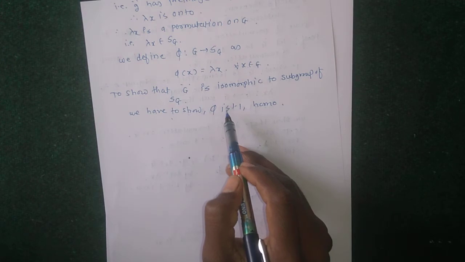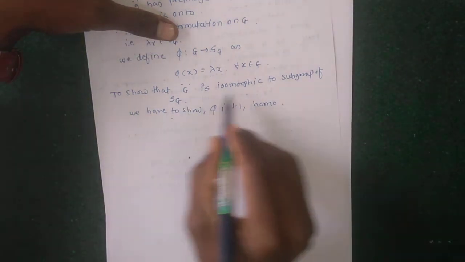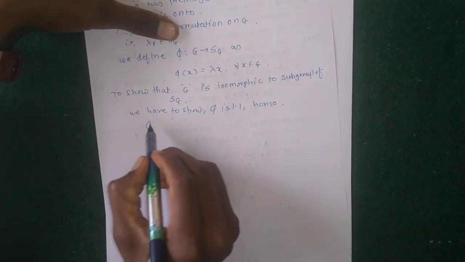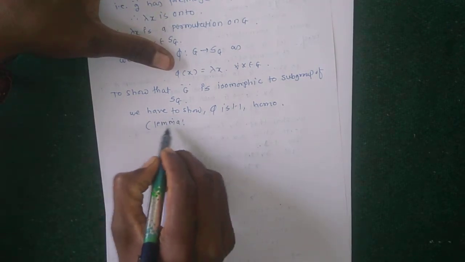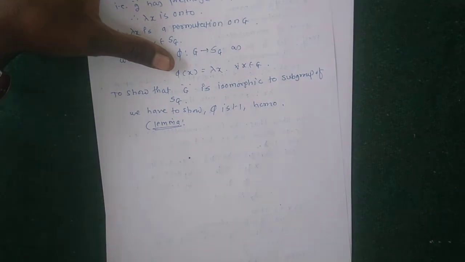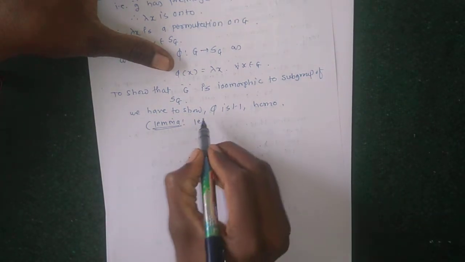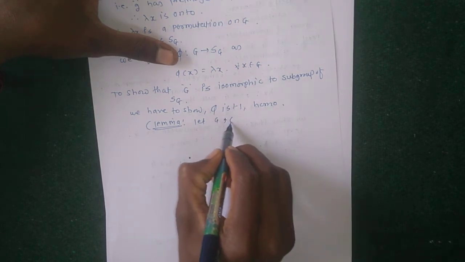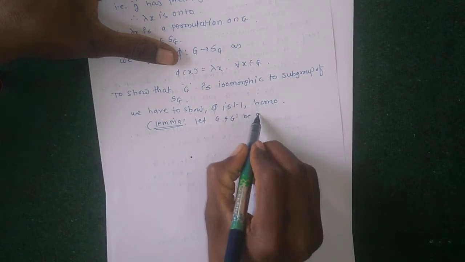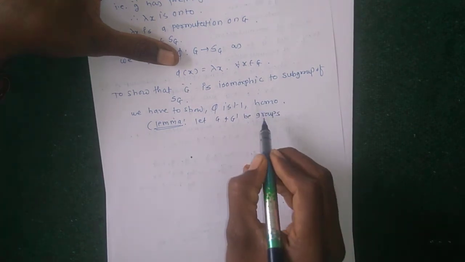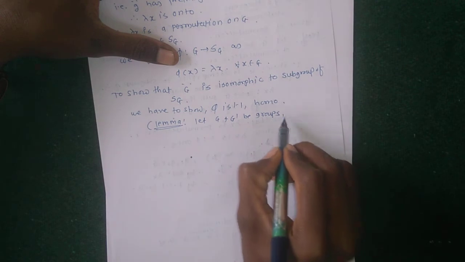Here we use the previous lemma, seen in the previous lecture. What is the statement of the lemma? Suppose G and G dash are groups.